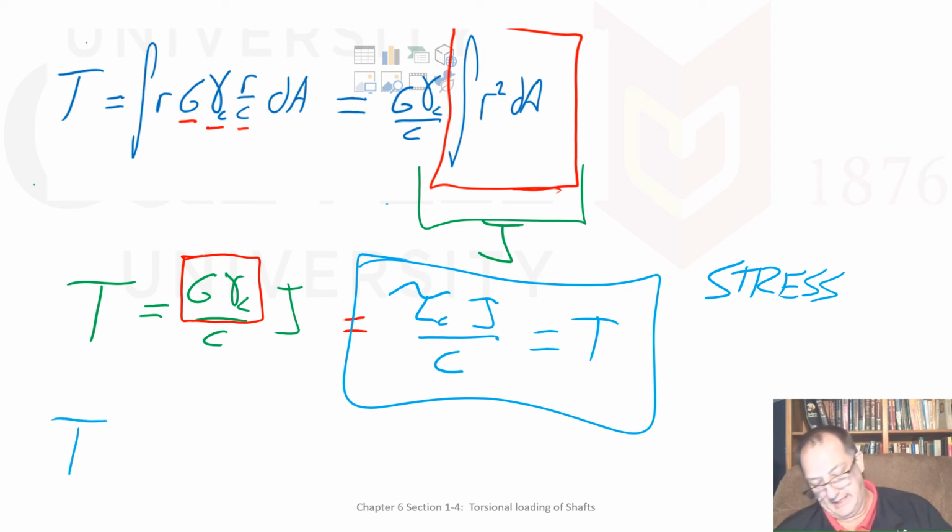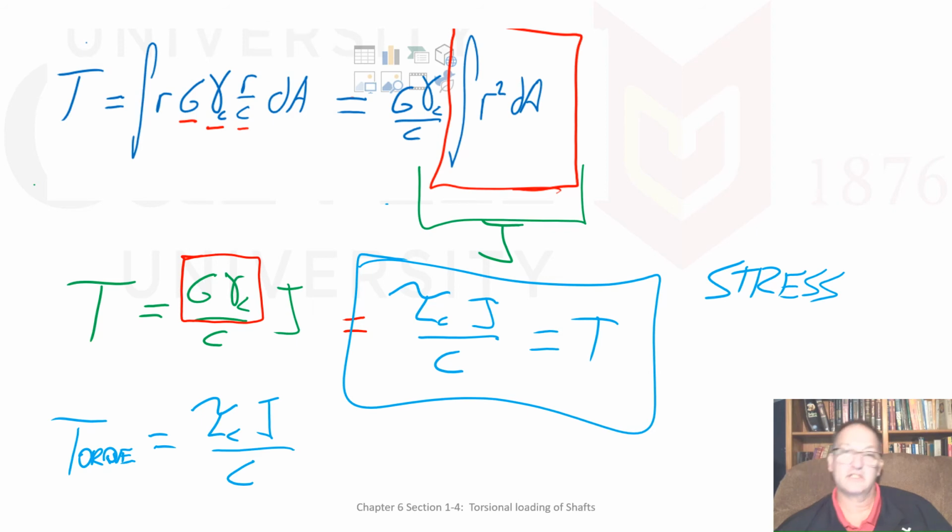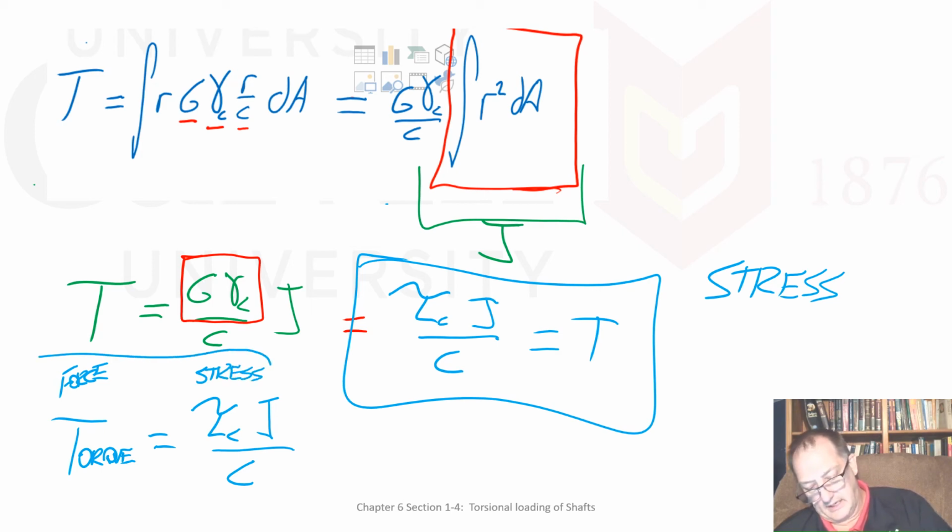The torque is equal to the maximum shear stress times this J for the cross section, divided by C, the distance to the extreme fiber, which you could also think of as the radius, the largest radius. That tells us that's an equation between the force and the stress. And that's a biggie. That's a biggie. Let's get rid of that line so that's a little more clear.